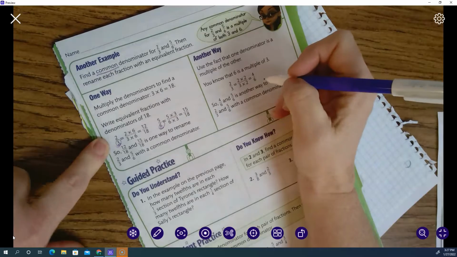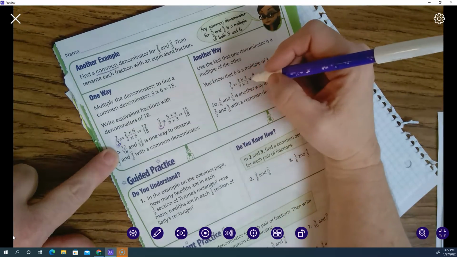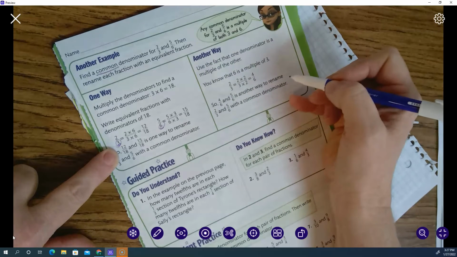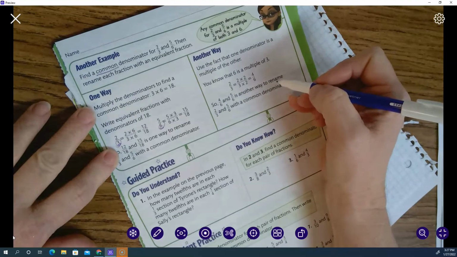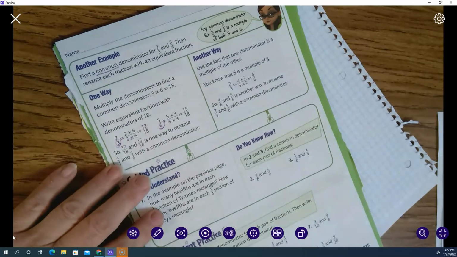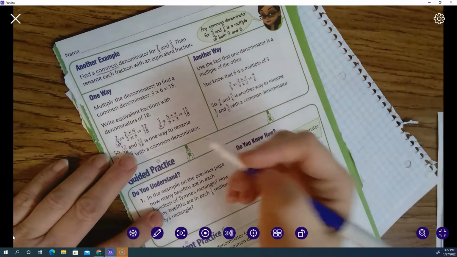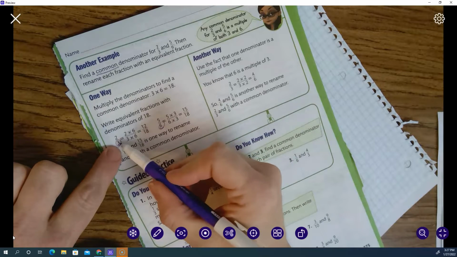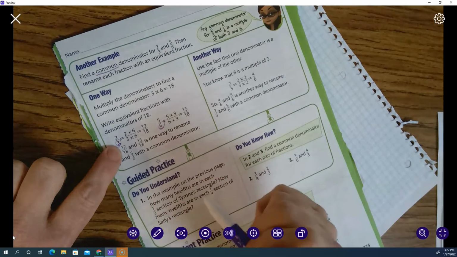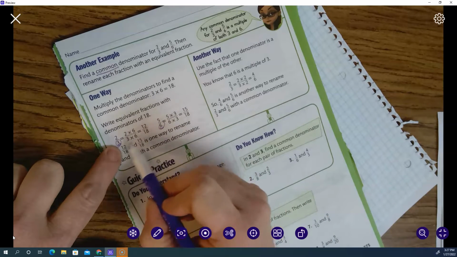But you could also, when you look at 2/3 and 5/6, know that 3 goes into 6, so 6 could be your common denominator. So the biggest thing you need to remember: whatever you do to the denominator on the bottom, you have to do to the numerator on top.